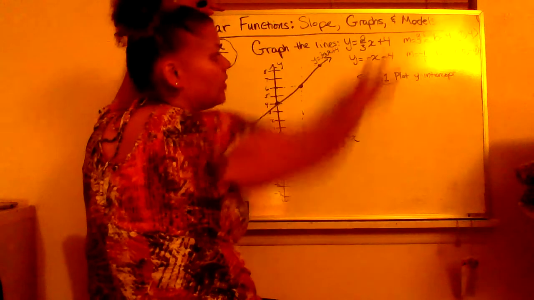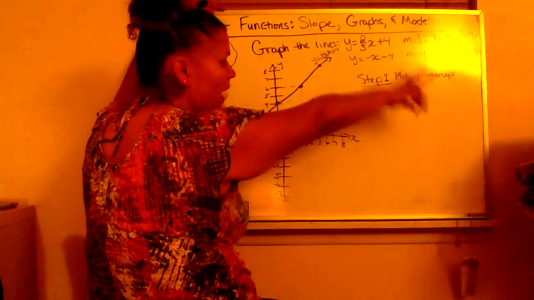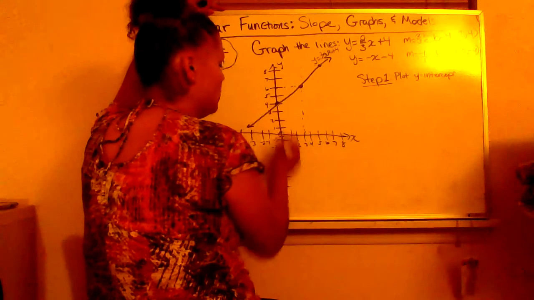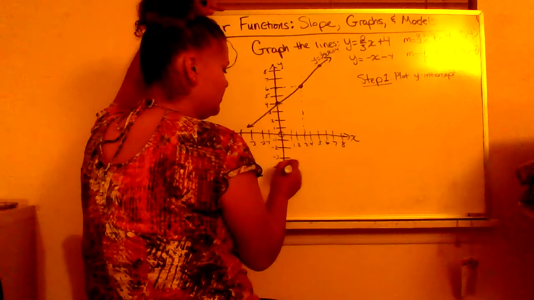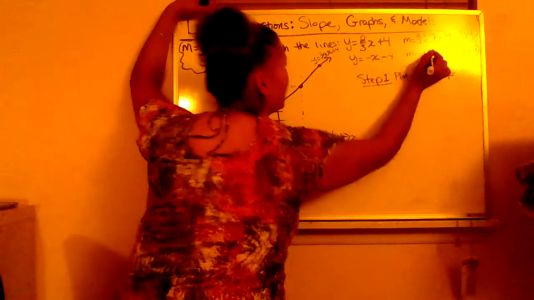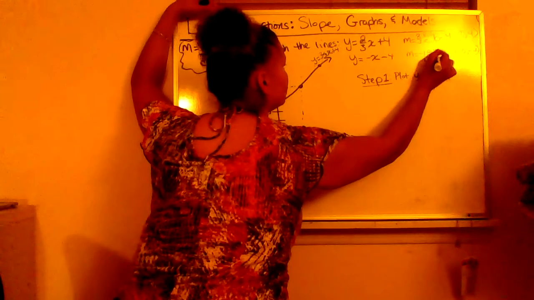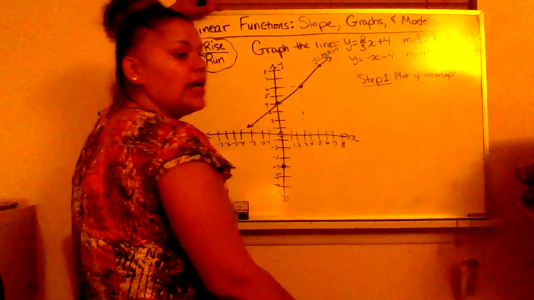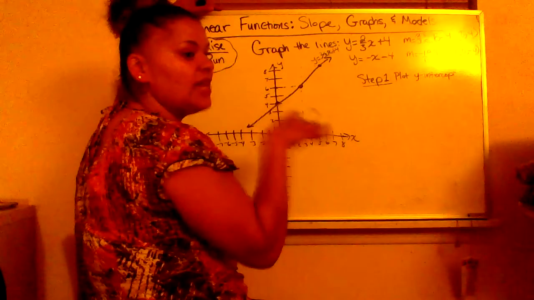Now, for the next line, I have to start at my y-intercept, which is (0, negative 4). So 0, negative 4, that's down here. And then my slope is negative 1, which is my rise over run. Because it's negative, I can fall 1. When it's negative, you're falling.